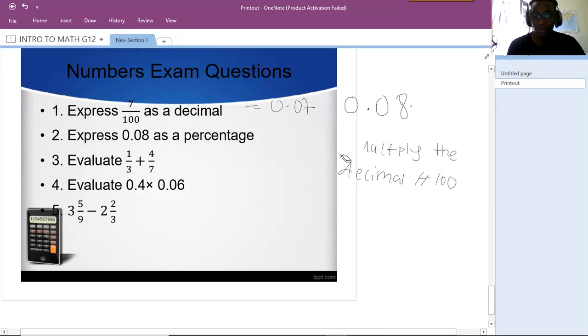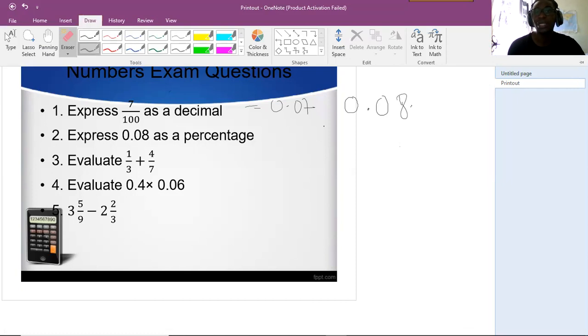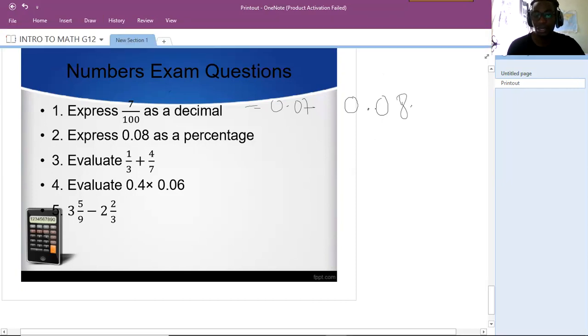So let's try to multiply this by 100. Every time you're multiplying decimals, either by another decimal or a decimal with a whole number like 100, the first thing that you have to do is take into account the number of decimal places. So this number here is 0.08. This is the first decimal place, and this is the second decimal place.